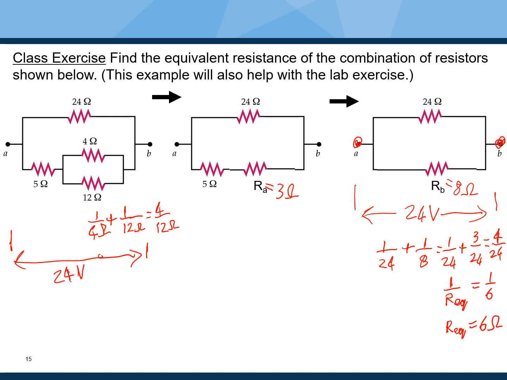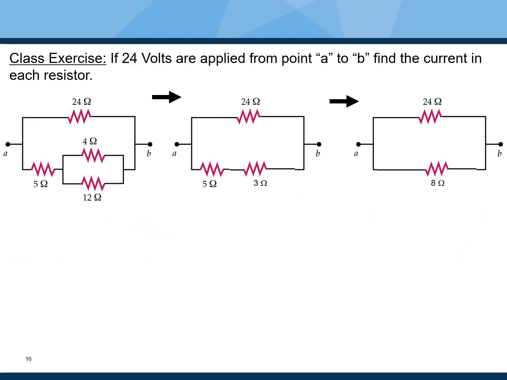Okay, so let's go ahead and systematically work our way from right to left now. In this figure, all the resistances are solved. Now let's go ahead and work our way through.